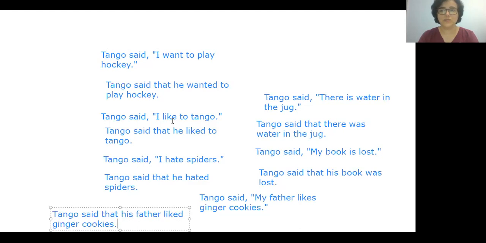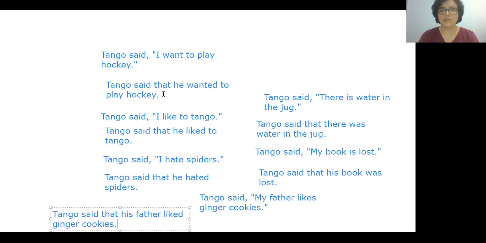Let me go through the changes one last time. I think I've done a lot of examples and I hope it is very clear to you. The major changes from direct to indirect speech: first, make sure you don't use the comma, you don't use the speech marks when you're writing in indirect speech. The second change, use the word that.